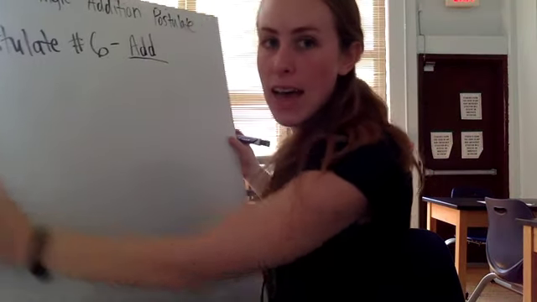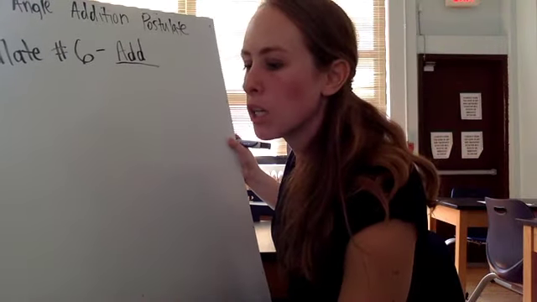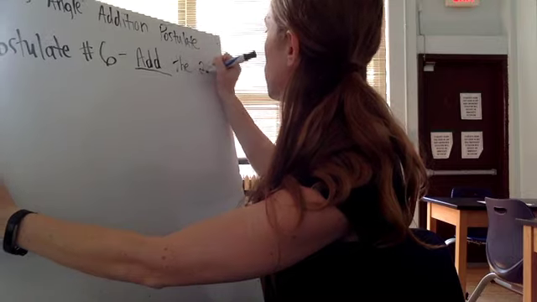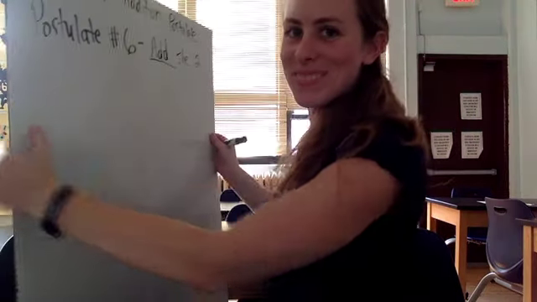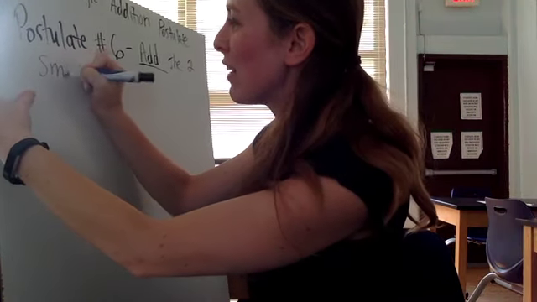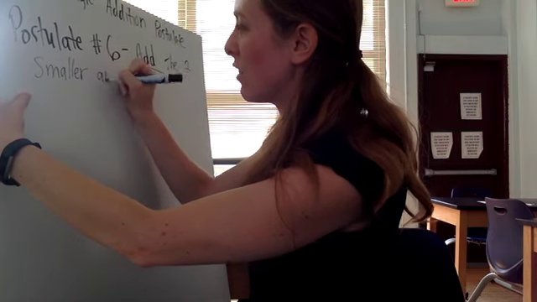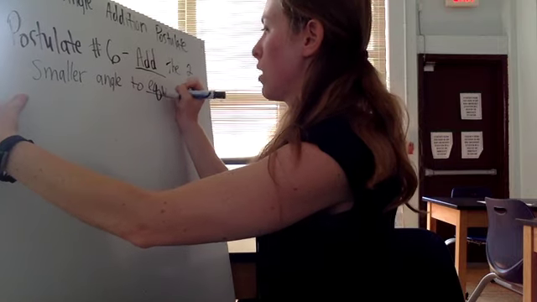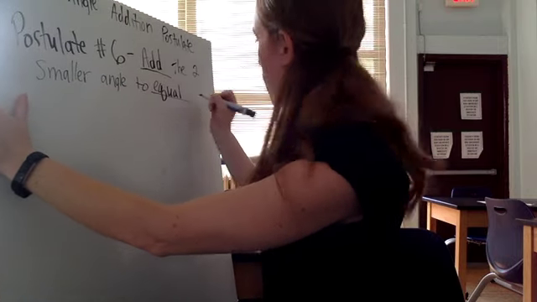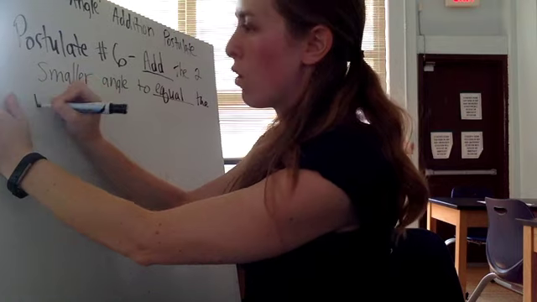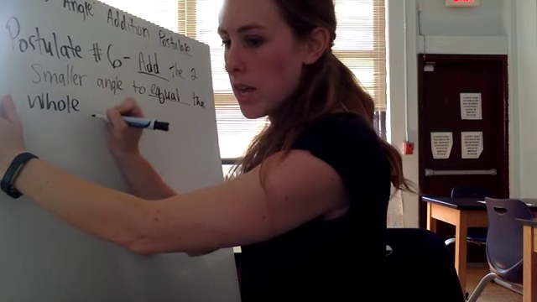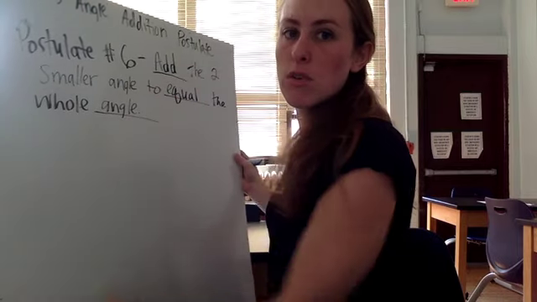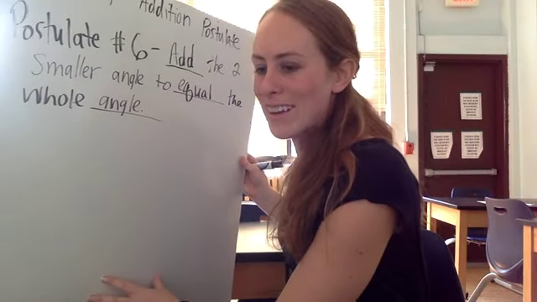We are going to add the two smaller angles to, now your next blank should be equal, the whole, and the last blank is angle. You add the two small ones to equal the whole angle.